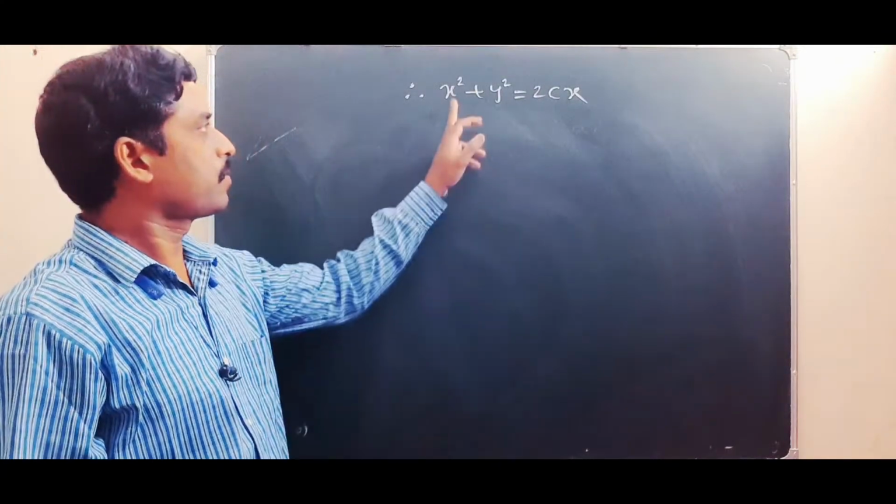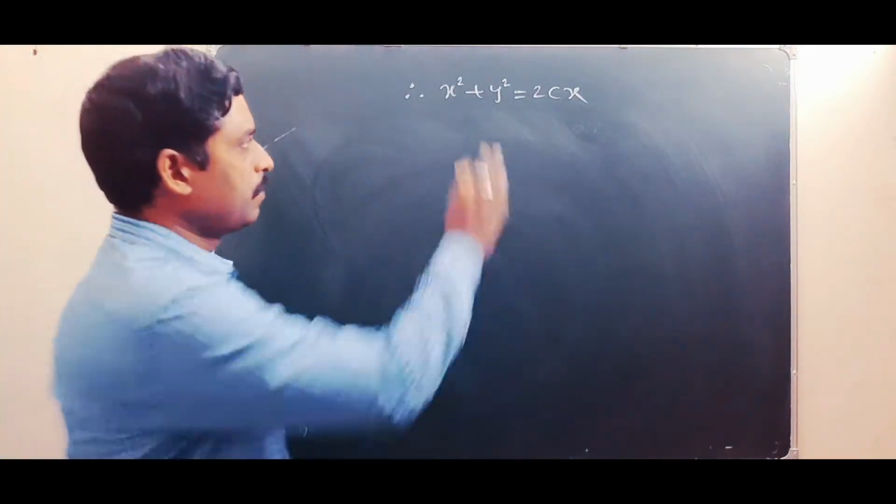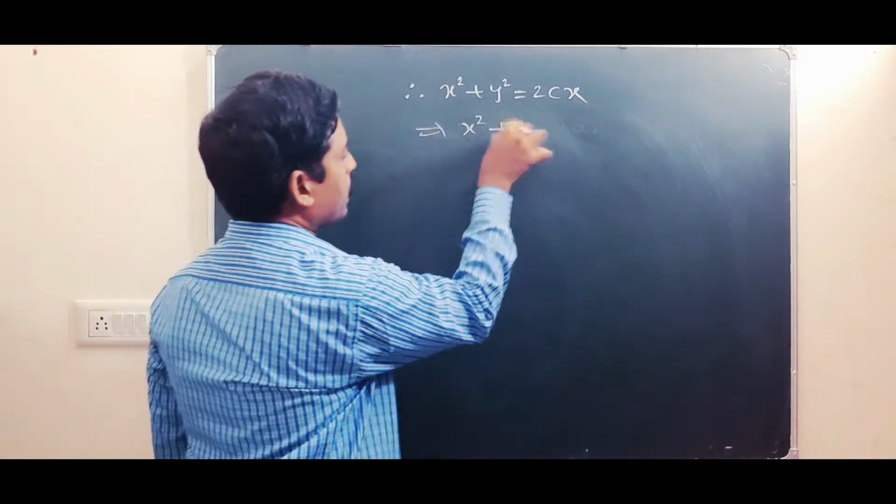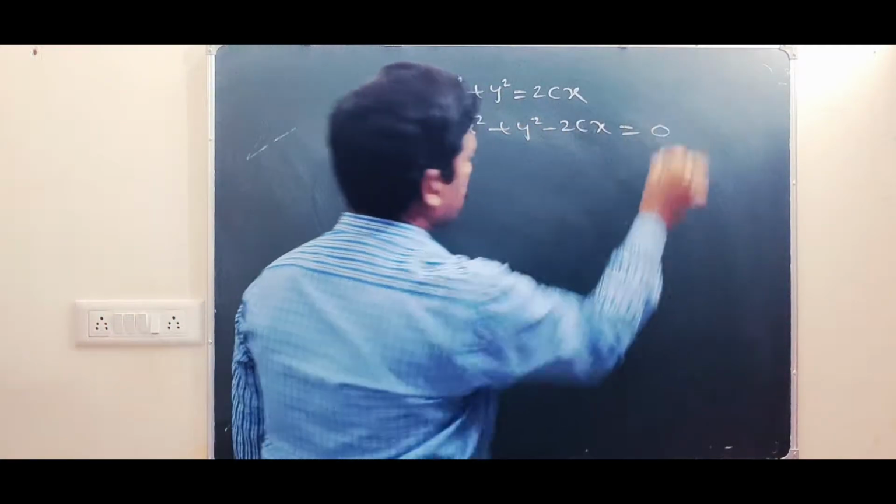Okay, let me repeat. x square plus y square is equal to 2cx. Bring 2cx to the left side: x square plus y square minus 2cx is equal to 0.